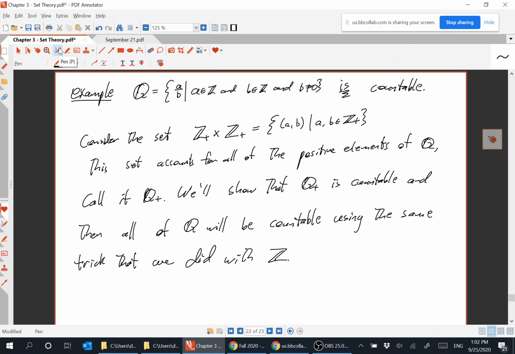It accounts for more than the positive elements of Q because like 3, 6, right, corresponds to 3 over 6, which is equal to 1/2, which is equal to 2 over 4. It corresponds to a lot of different ones, but that's not going to be a problem. We'll show you that in a minute.